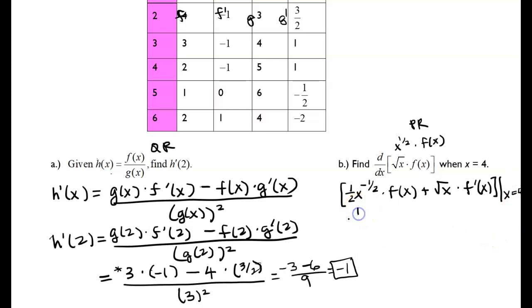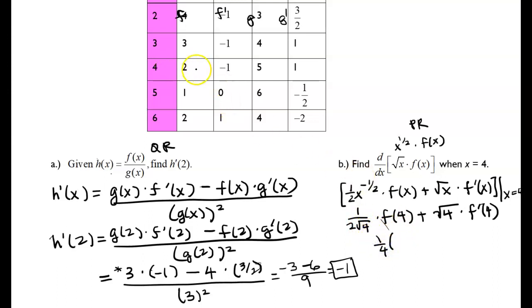That means I have 1 over 2 square root of 4 times f of 4 plus square root of 4 times f prime of 4. So 1 over 2 square root of 4 is just 1/4.